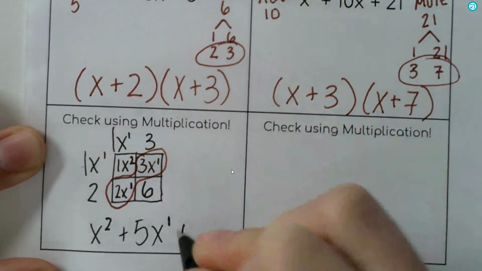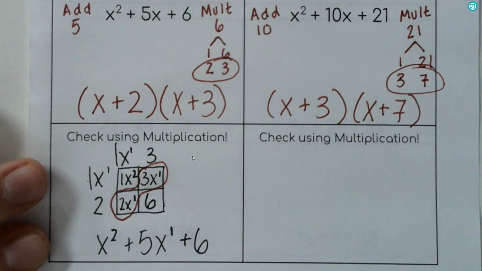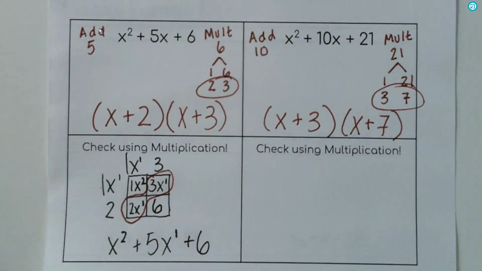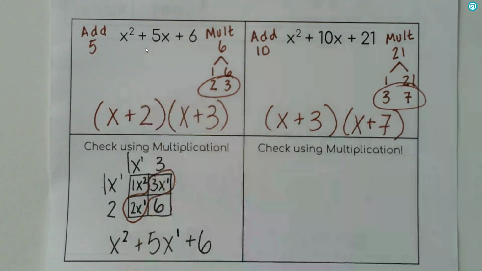And then I still have my plus 6. Do you guys see that that is the same as our original problem? Okay. When we multiplied this out, when we combined like terms, we added 2 and 3 to be that 5. When we multiplied 2 and 3 to create that 6. So that happens every time.